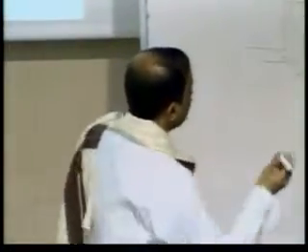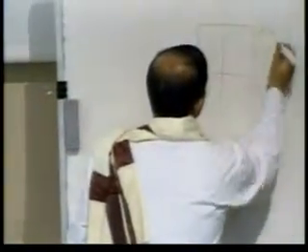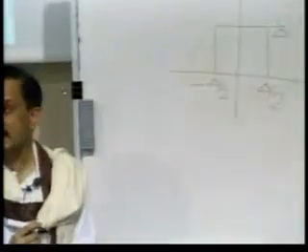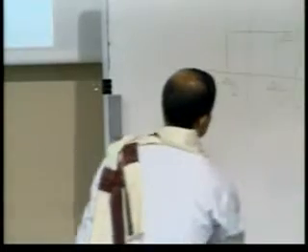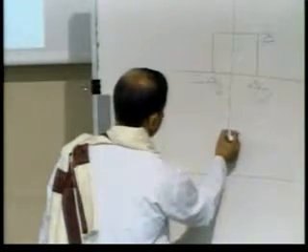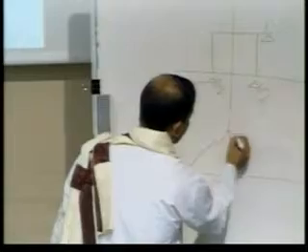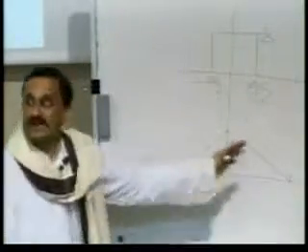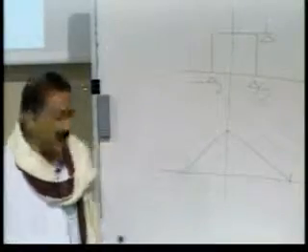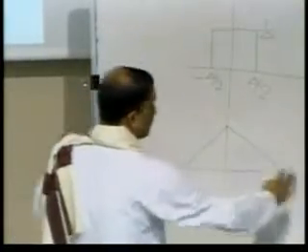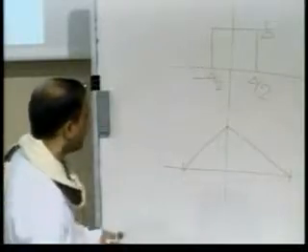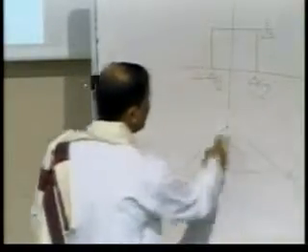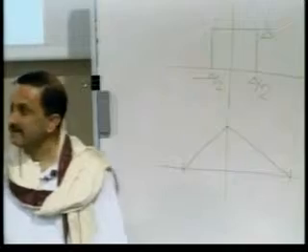Now, the problem with that is that there are issues about uniqueness here. For example, suppose I took a function which overall had an area of 1. You take a triangle with an area of 1. The area of the triangle is the base multiplied by the height divided by 2.